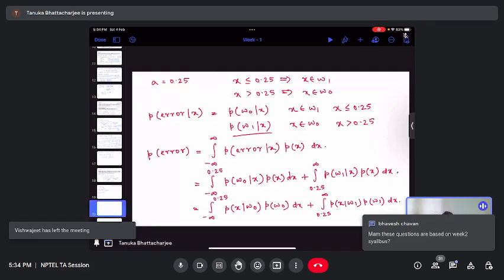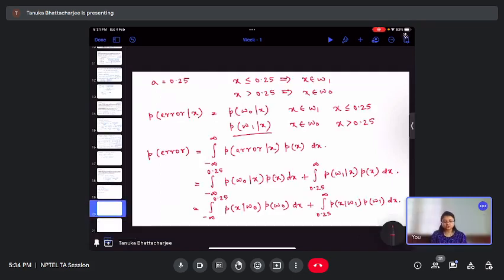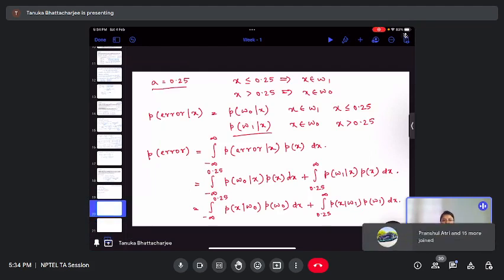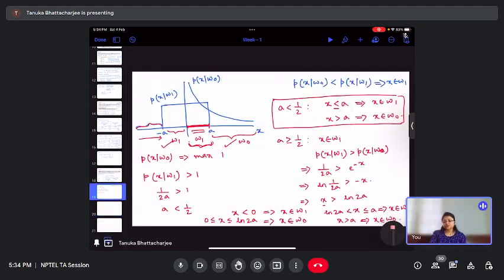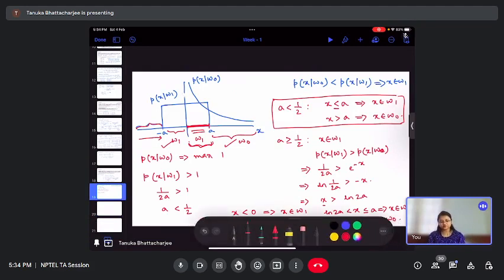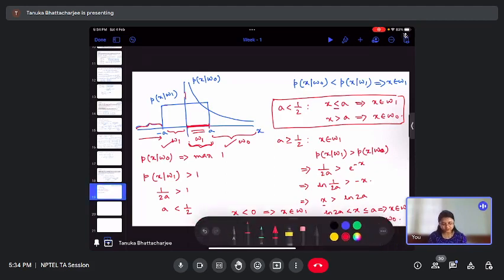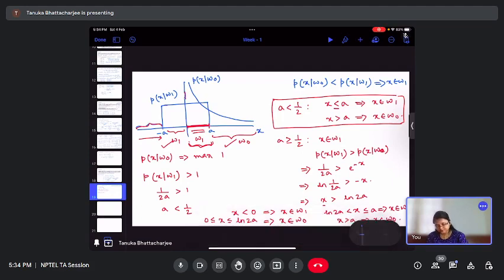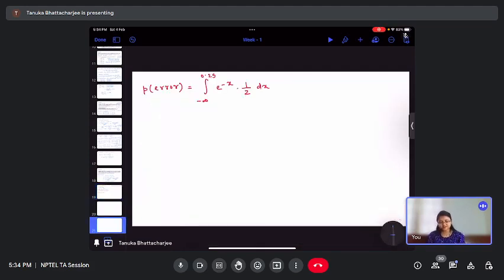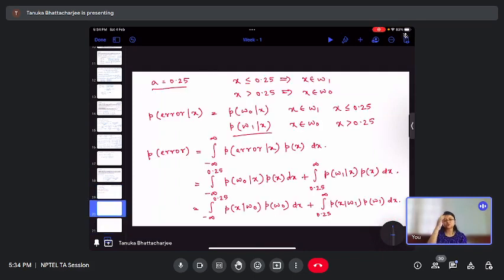dx. Now, for the next term, 0.25 to infinity. 0.25 is your value of a. From 0.25 to infinity, you will have to compute the class conditional density of class omega 1. The class conditional density of class omega 1 is defined from minus a to a. So if your a is 0.25, it is not defined after 0.25, I mean it is 0 after 0.25. So the next term reduces to 0, because probability of x given omega 1 is 0 for the region x greater than 0.25.